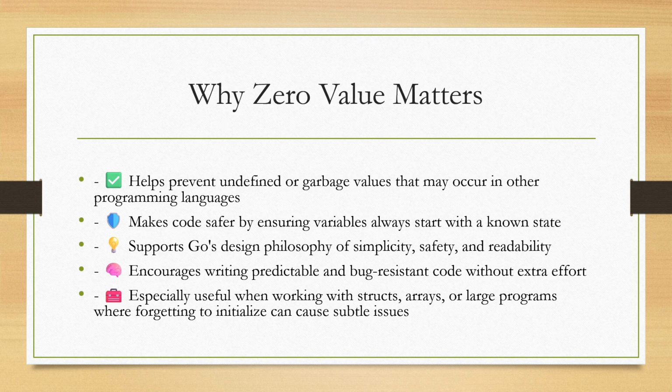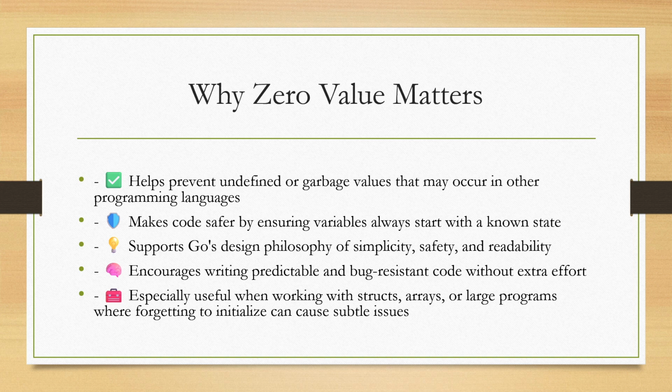It also fits the Go philosophy. Go wants to be simple, safe, and readable. And when your variables are always predictable, your code becomes easier to read, debug, and maintain, even in big projects. Think about a struct in a program. Maybe you are working on a form for a job portal, and there's a field for experience.